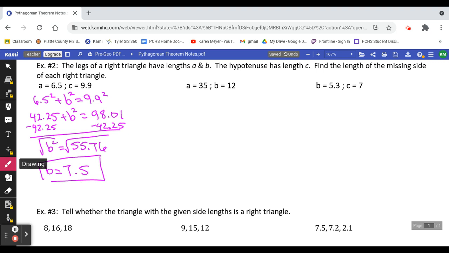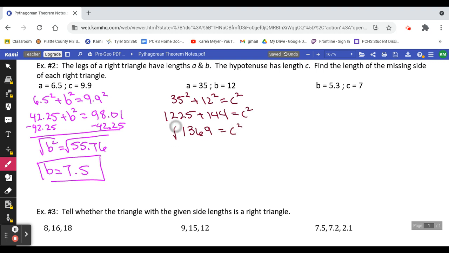Okay, next one. I know A and B. So 35 squared plus 12 squared equals C squared. So 35 squared is 1,225 plus 12 squared is 144 equals C squared. Add these together and I get 1,369 equals C squared. Square root both sides. And I get C to equal a nice neat number of 37.